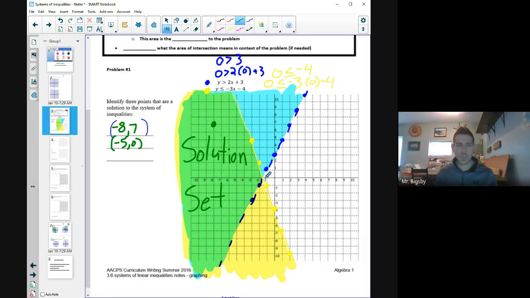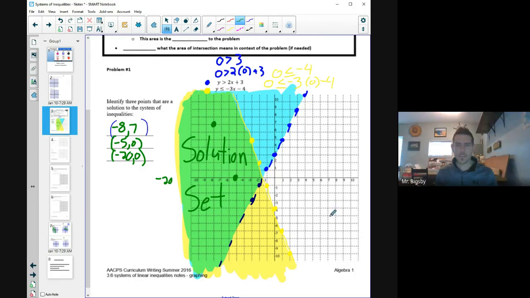Even one off the graph way out here, like maybe -20, would probably still be in this green region. So there's lots of solutions. In fact, there's an infinite amount of solutions because this graph does continue infinitely to the left.